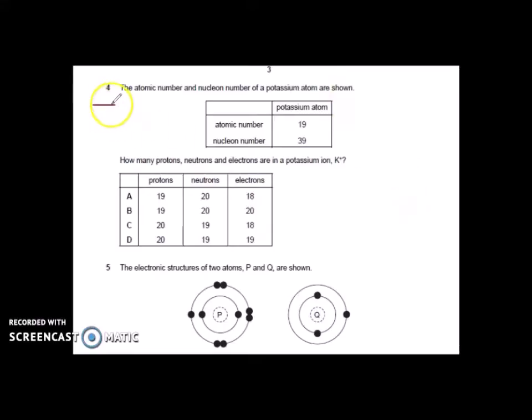Okay, for number 4, the atomic number and the nucleon number of a potassium atom are shown below. Atomic number here is the proton number, and for the nucleon number we are given the symbol N. This is the potassium ion. For the atom, protons and electrons must be the same, so the electron arrangement is 2.8.8.1.